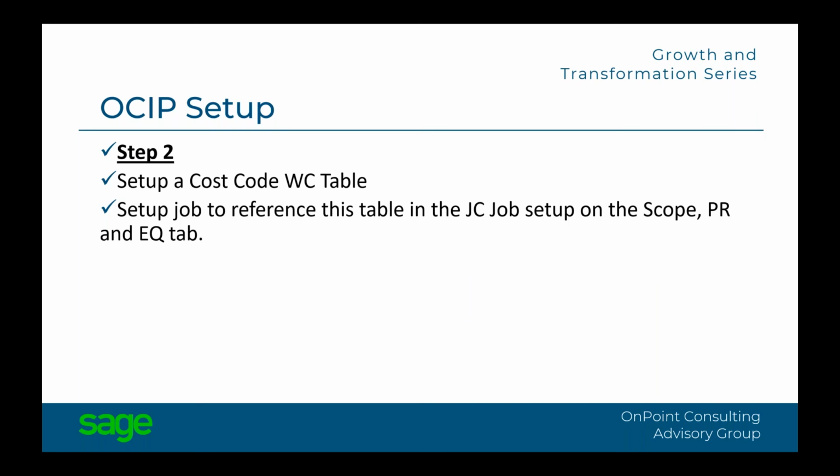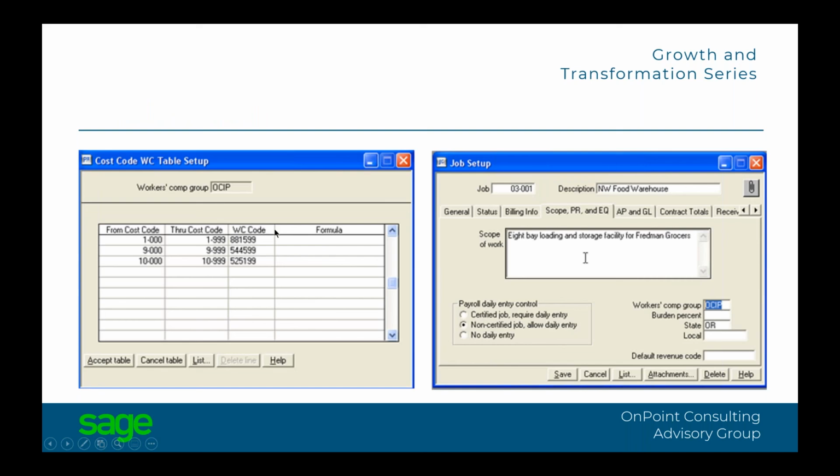Then the step 2 of this is to set up a workers' comp table, cost code work comp table, and also to set it up in the job so that it pulls that correctly. So this is setting up the OCIP table. For the normal ones, you might have just plain old WC here.